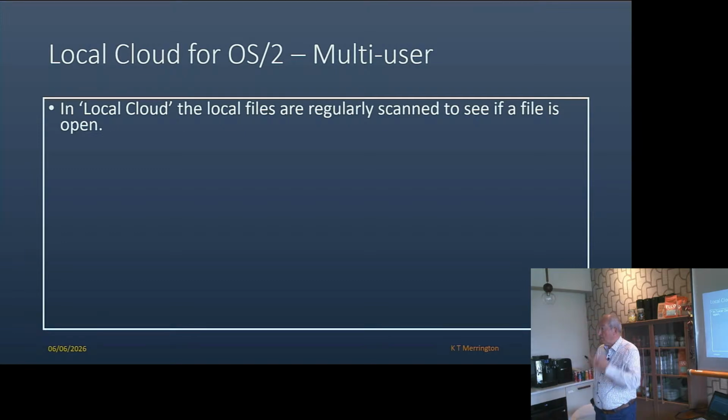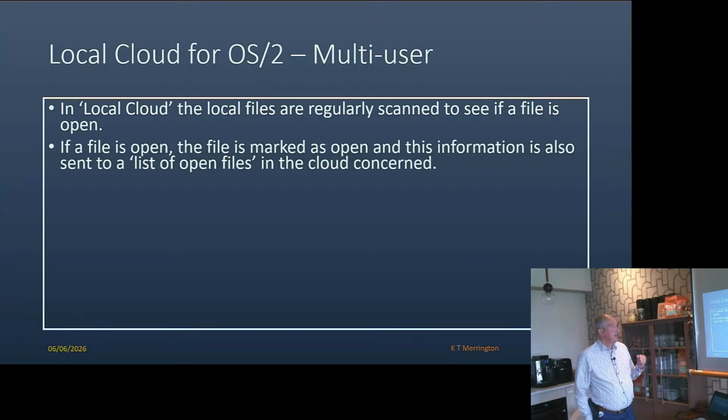So we regularly scan through open files. If a file is open, this is marked and indicated and put in the cloud. So at cloud level, we have a list of open files and from where they are open.